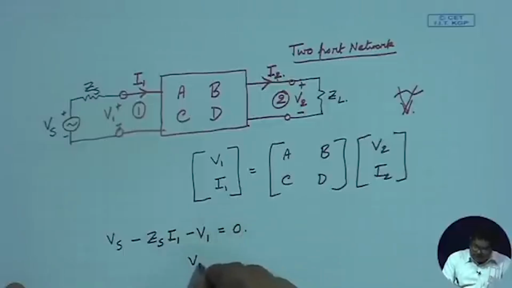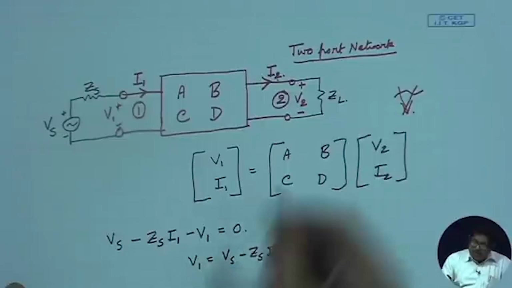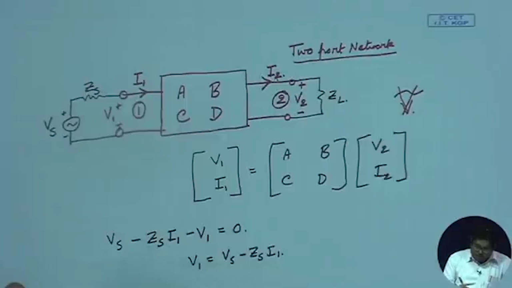So, I get V1 is equal to Vs minus Zs I1. At port 2, I can write V2 minus I2 ZL is equal to 0, that gives me V2 is equal to ZL I2.